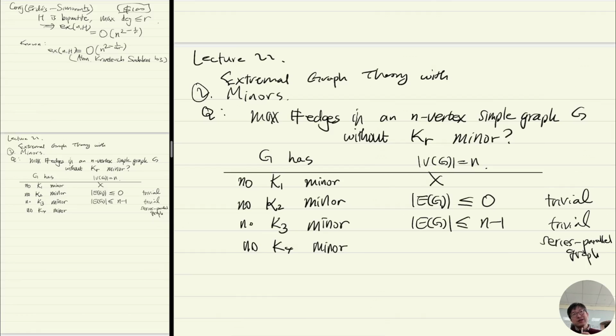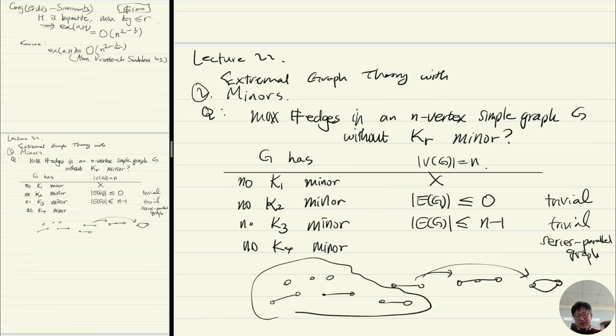You can add an isolated vertex, you can subdivide an edge, you can add a single edge, you can subdivide it, or you can duplicate, make parallel edges. So these are the operations. So you start with some collection of edges and isolated vertices and do these operations.